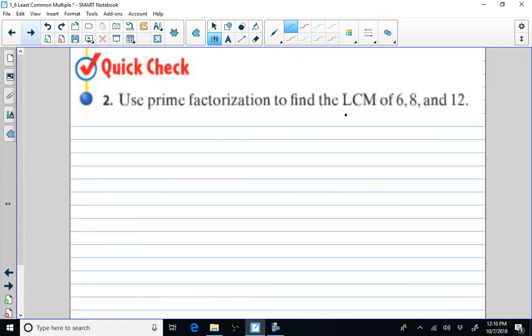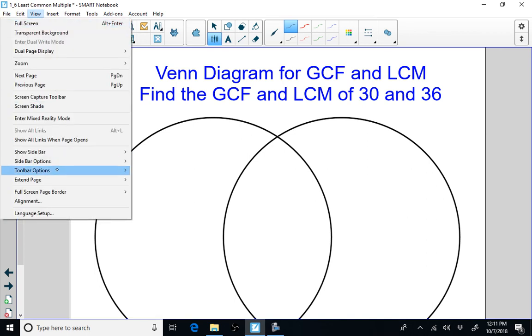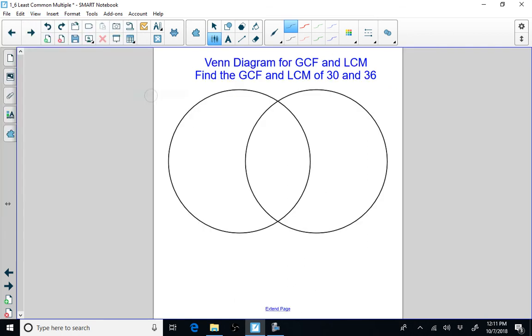We continue. Okay, let's scoot down to the use of the Venn diagram. Okay, the Venn diagram is actually a helpful tool that allows us to find both the least common multiple and the greatest common factor. All right, so I'm going to give myself a little bit more space here, and I hope that works.